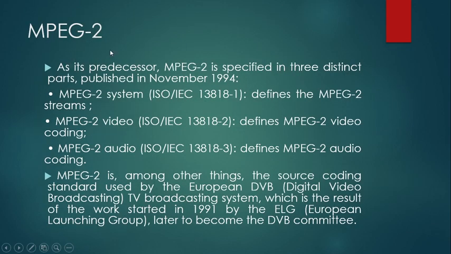MPEG-2 has these standards: audio and video coding were dealt with separately, and system, another standard, was there for defining the streams or the decompositions of the MPEG video sequence, which we will be seeing. It also supported the HDTV system, and it was supported by the Digital Video Broadcasting Committee. So it became a standard for compression of moving pictures.